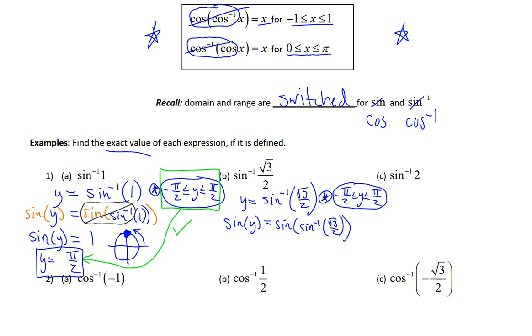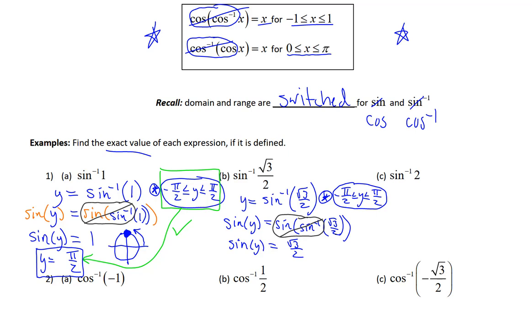The whole point of taking the sine of both sides is that now we can use the cancellation property. On the right side, our sine of sine inverse will cancel, which leaves us with the sine of y on the left side equal to root 3 over 2, which is all that's left on the right side.